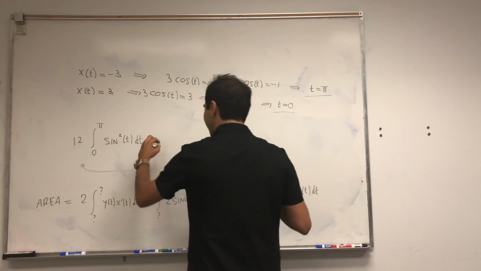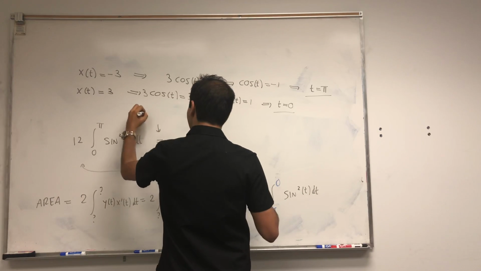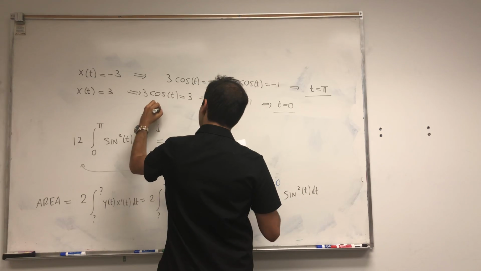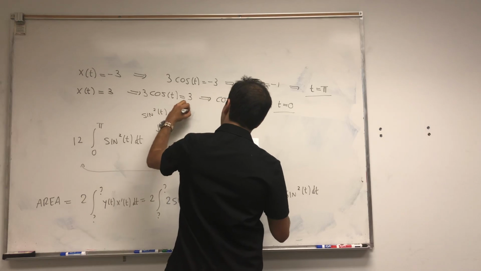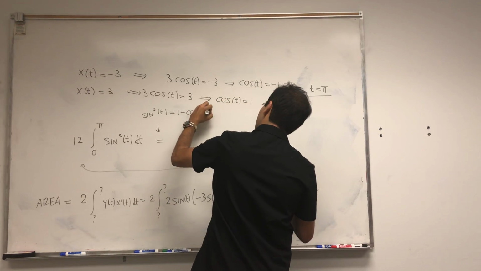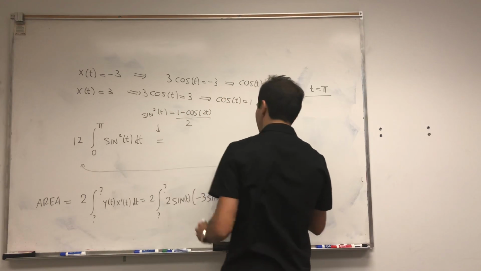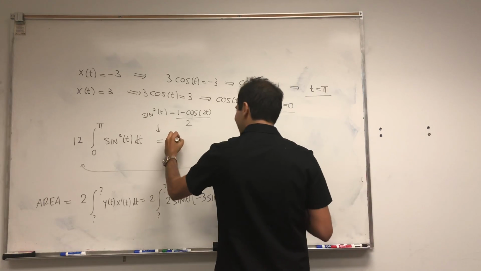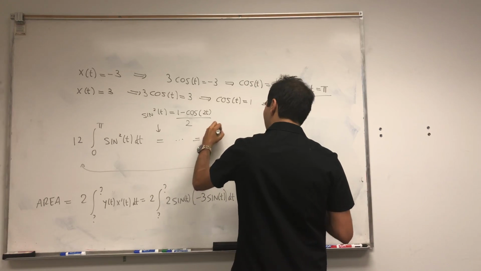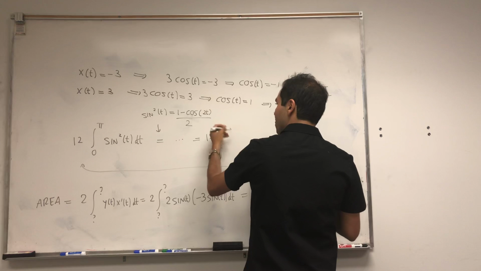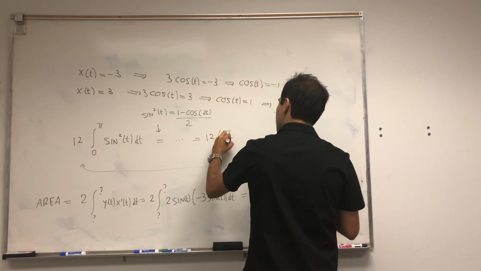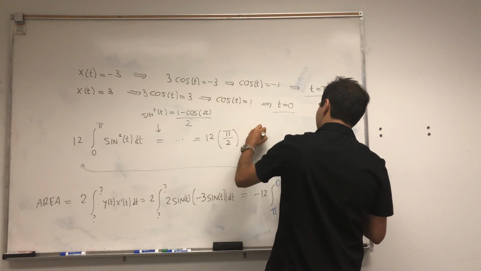All you do to calculate this integral is use sine squared of t is (1 minus cosine of 2t) over 2. And in the end, what you get is that this is 12 times pi over 2, and that becomes 6 pi.